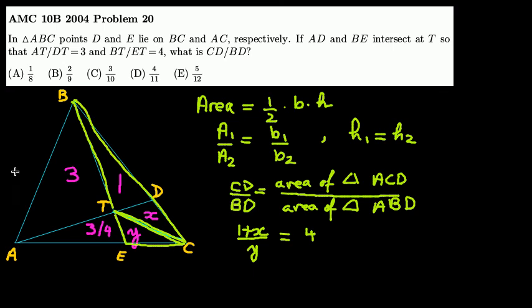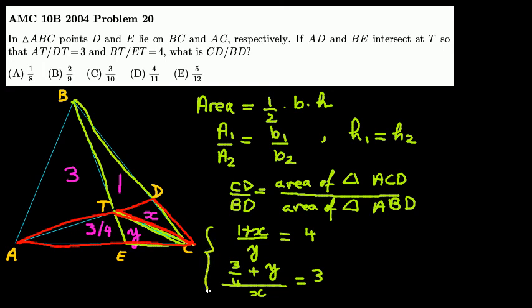And similarly, if we look at triangles ATC and DTC, because AT over DT equals 3, we can write that 3/4 plus Y, the area of triangle ATC, divided by X, the area of triangle TDC, must be equal to 3.